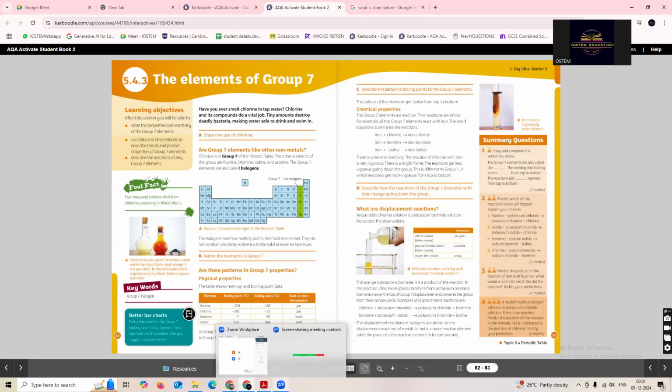Halides means, for example, iron is metal, halogen I'm taking chlorine, it forms metal chloride. Similarly, if iron combines with bromine, it will form iron bromide. Understood?